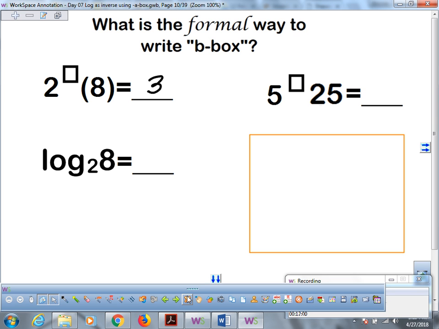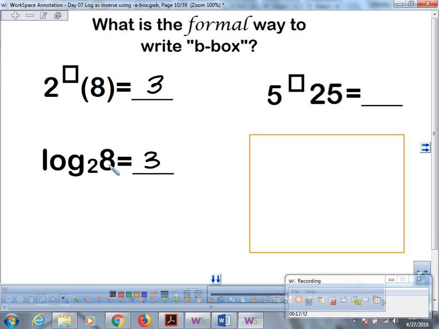Okay, but it looks funny, right? So this is how I would say this. I would say the log with base 2, when it's raised to the 3rd power is 8. It's not bad, it just looks different.